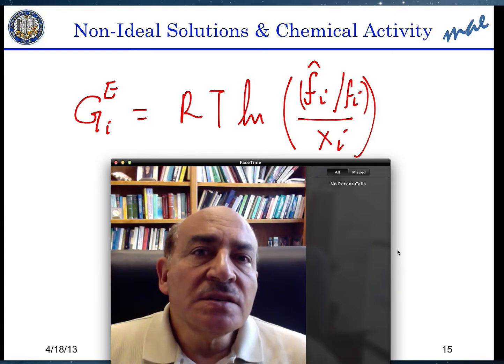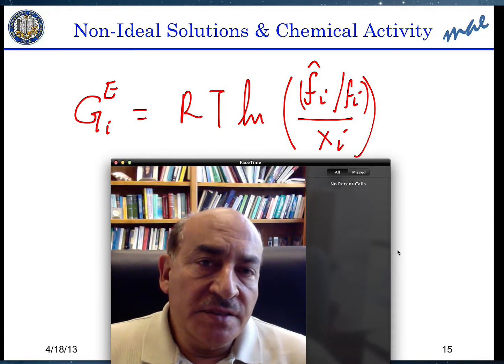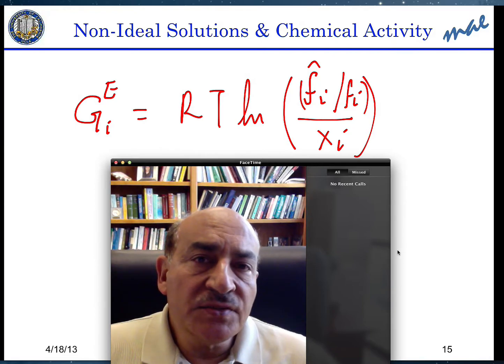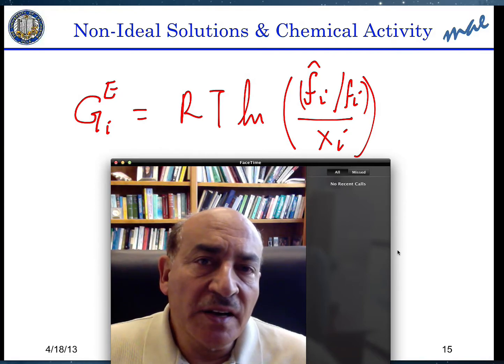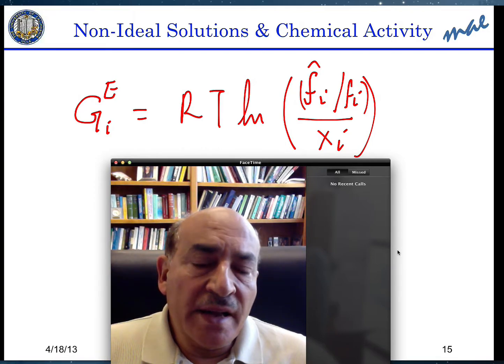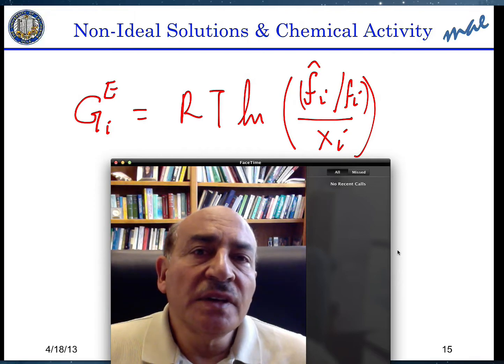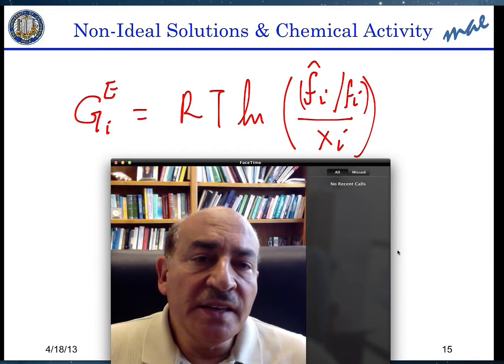However, if there is deviation from ideality, this ratio fi hat divided by fi is going to be different from xi, and therefore that ratio is going to give us an idea about what we call the activity of the element in solution.